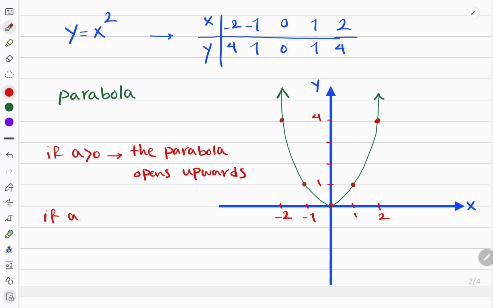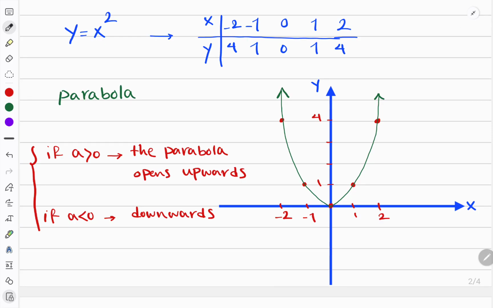But if a is a negative number, the parabola opens downward. It's a trick that helps you to find upwards or downwards of any parabola without plotting that. Okay.